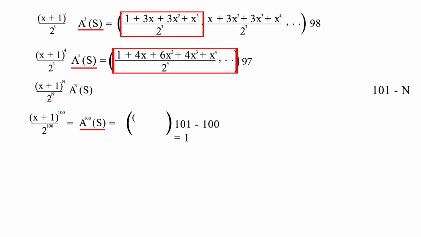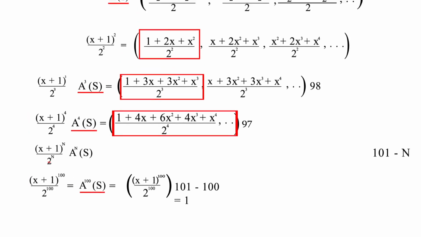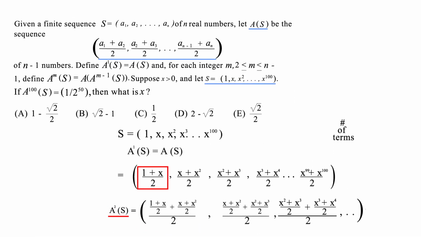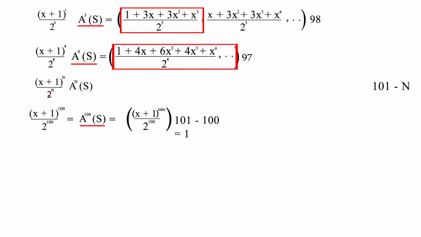X plus 1 to the 100 over 2 to the power of 100. And they tell you in the question right here that A100S is equal to 1 over 2 to the power of 50.